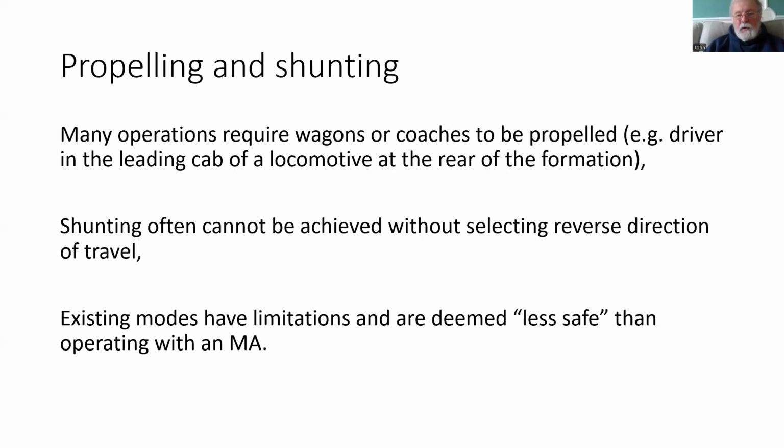And so SH mode, or going into level 0, or NTC, is deemed less safe than operating with a movement authority. And this has caused the railway undertakings and infrastructure managers a lot of angst over the years, particularly where an error could occur because the system cannot control an unsafe shunting movement effectively.